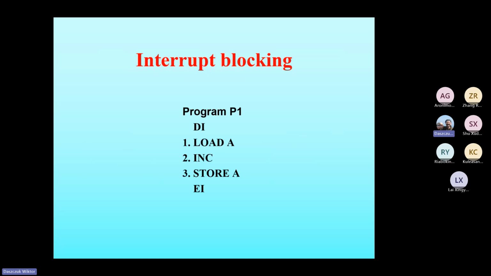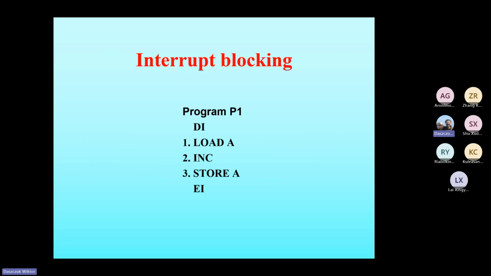By the way, it's not so easy, because the disable interrupts instruction is typically a protected instruction that can be run only in system mode. So a user cannot do that. But if we can disable interrupts, it is successful.